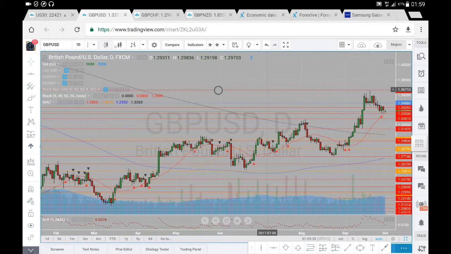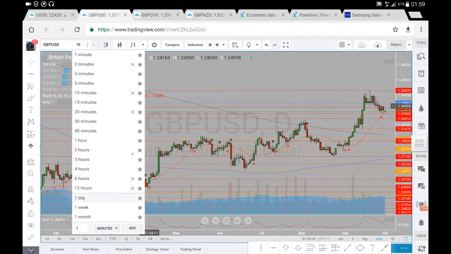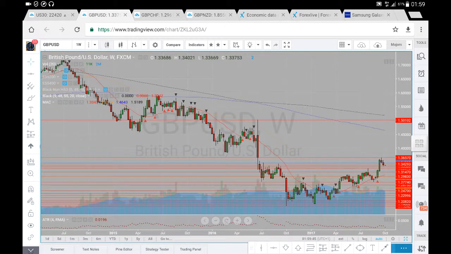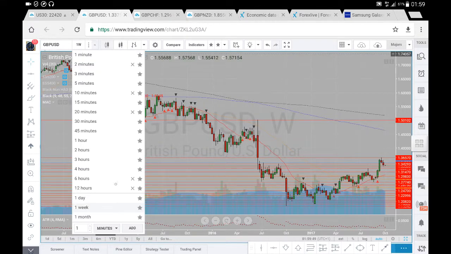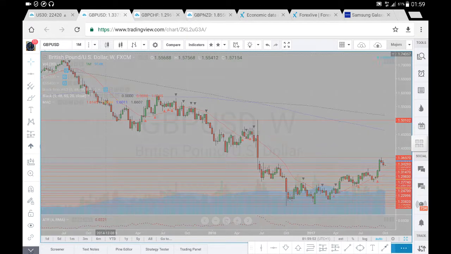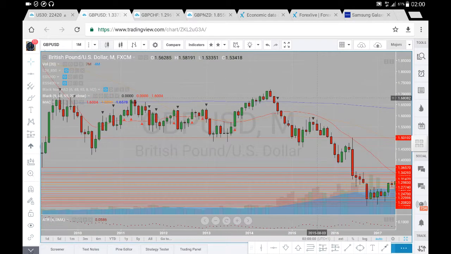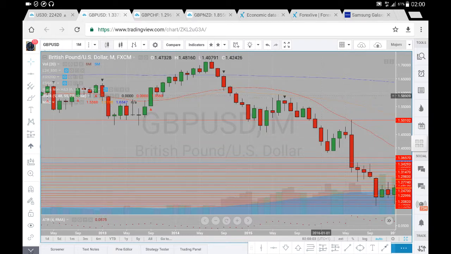Now let's see where I was looking at the pullback to go all the way down to. Let me just have a look on this chart here. Let's just zoom in a bit.